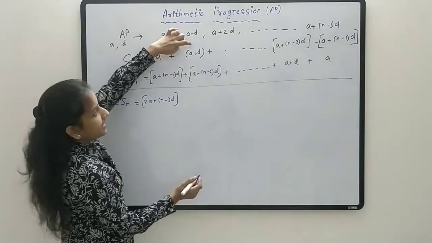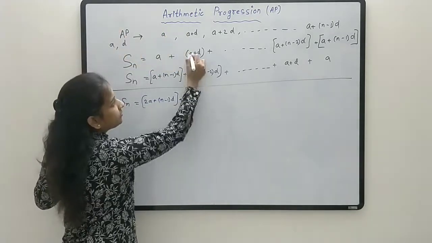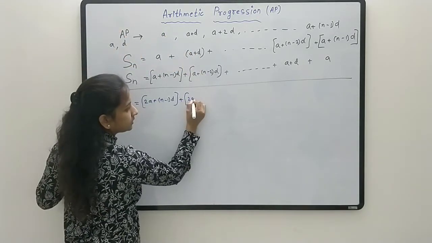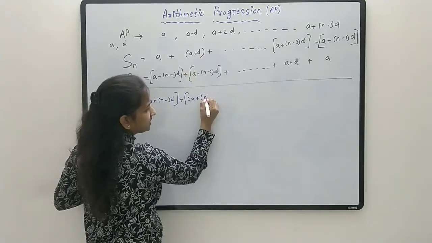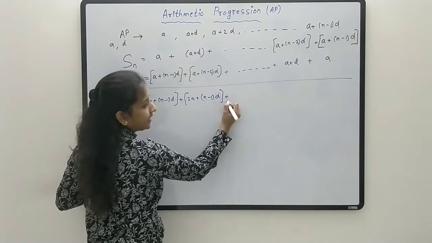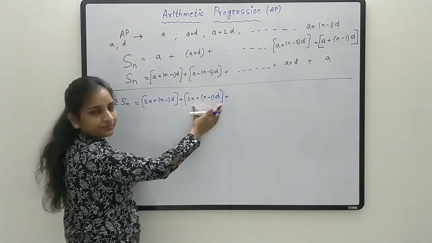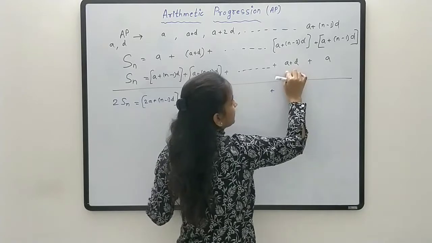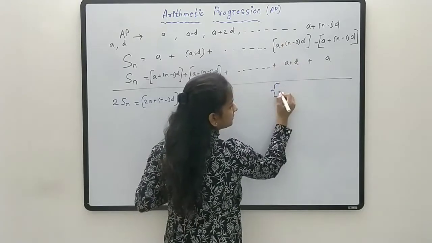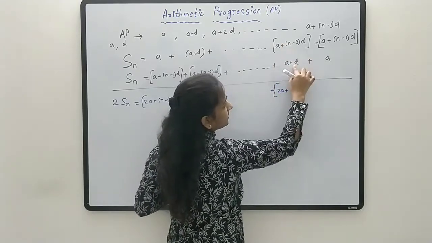Okay. Now adding this and this. So what we will get? 2a plus n minus 2 plus 1 d. That means n minus 1 d, right? See, we got same term again. By adding all this, again this plus this, so we will get 2a here plus this and this d.